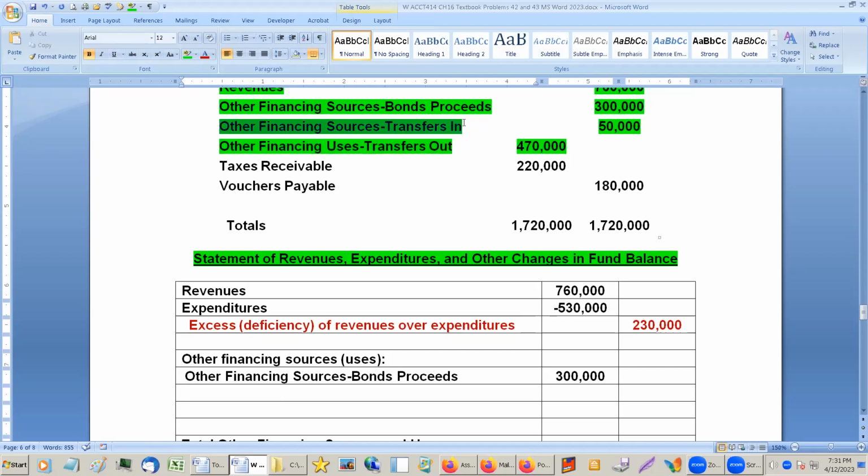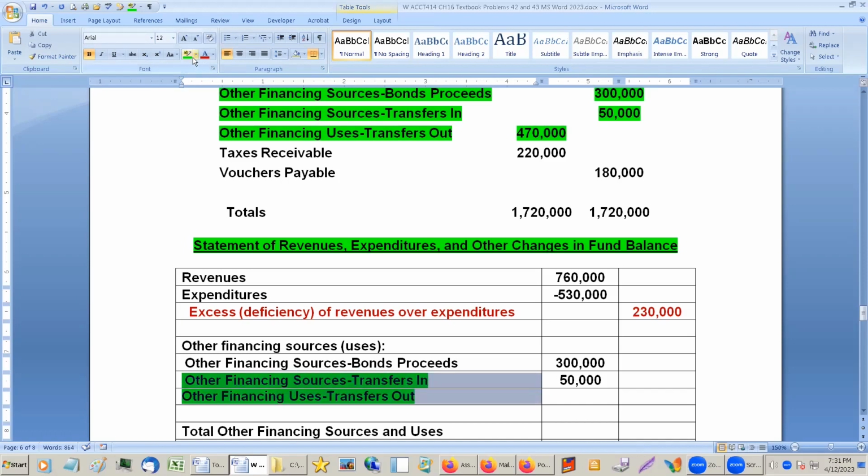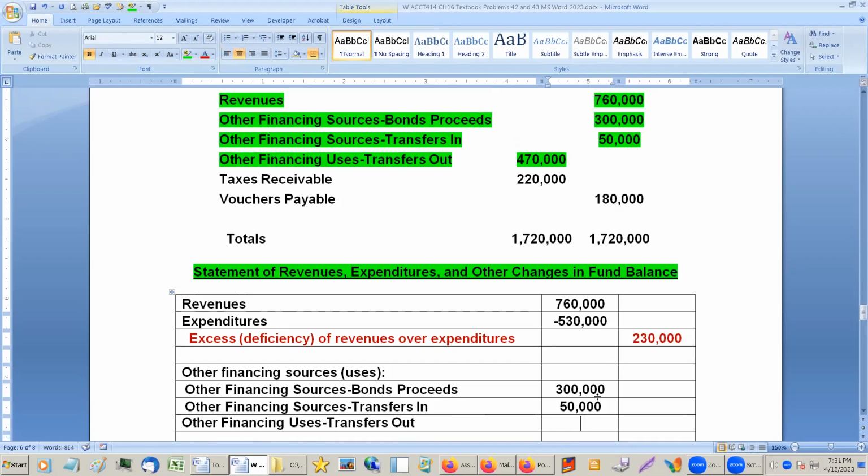Other financing sources, transfers in. And again, that shows up sort of like revenue. Other financing uses, transfers out. Oops, did that wrong. So that will be a negative.